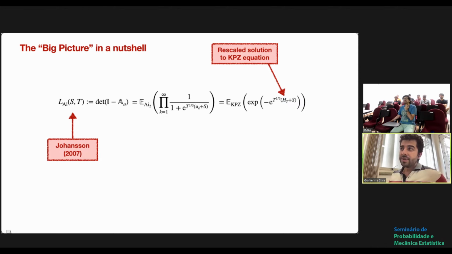In a certain sense, that's reminiscent of the Matetski-Quastel-Remenik result, where they obtain a KP equation for the distribution of the KPZ fixed point. So we do have an equation describing the time evolution, but it's not stochastic, because we are working at the level of the one-point distribution, not at the level of the KPZ equation itself.